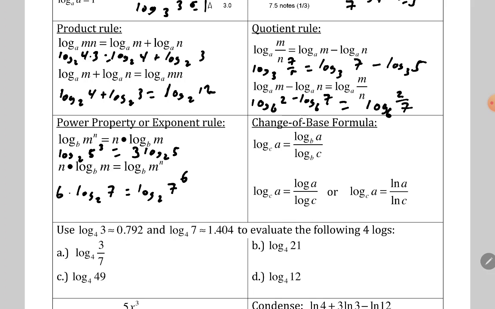Alright, change of base. So log base 7 of 5, we can change this to log of 5 over log of 7. Remember, log of 5 is just log base 10. And we use these so we can actually use our calculator, because if you notice in your calculator, you only see log base 10 and natural log, log base e.